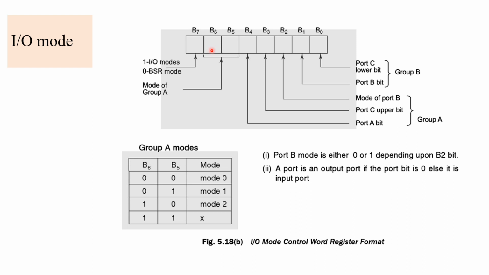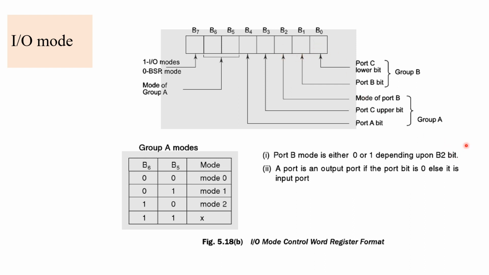The next 4 bits, that is B3, B4, B5 and B6, are associated with group A. Group A means port A and port C upper. B0, B1, B2 are associated with group B, that is port C lower and port B. So group A is controlled by B3 to B6 and group B is controlled by B0 to B2.